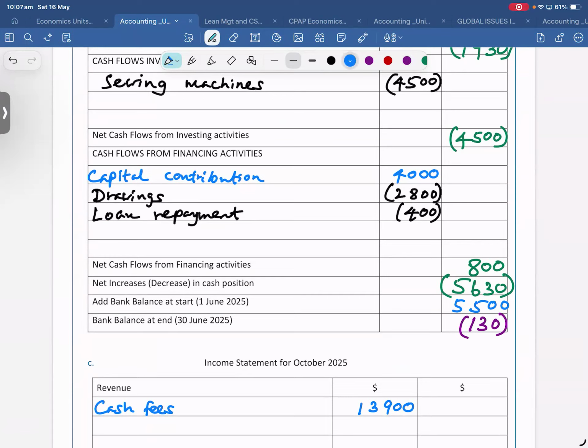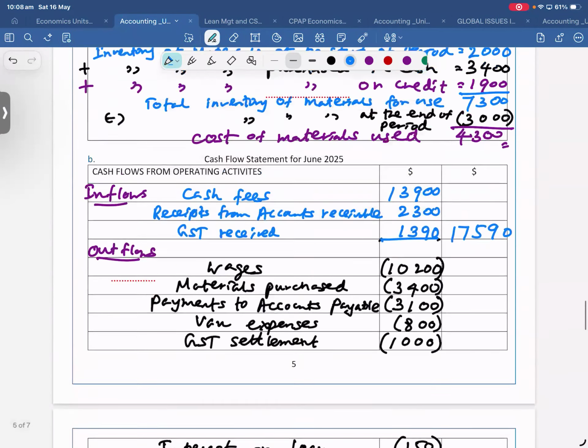Right. Now you can cross check if this 130 was correct. How can we cross check?